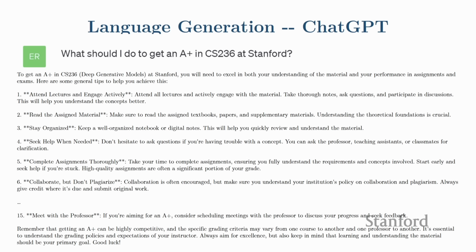And here it gives you some actually pretty good tips on how to do well in the class. Attend lectures, read the materials, stay organized, seek help, do the homeworks. Then it gives you 15 of them. I cut the prompt here. But it's pretty impressive that you can do these kinds of things.